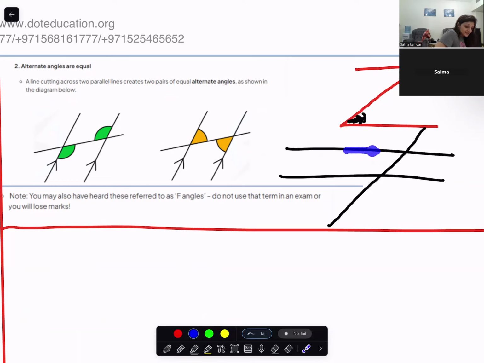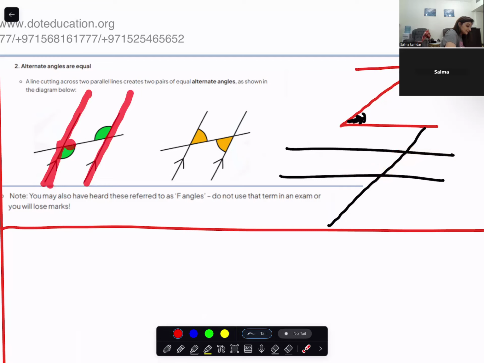So if I say Z, you can see a Z over here. Anywhere else you can see a Z? Let's check. I can see a Z here. So Z here, alternate angles equal. Then Z here, alternate angles equal. Now look over here.